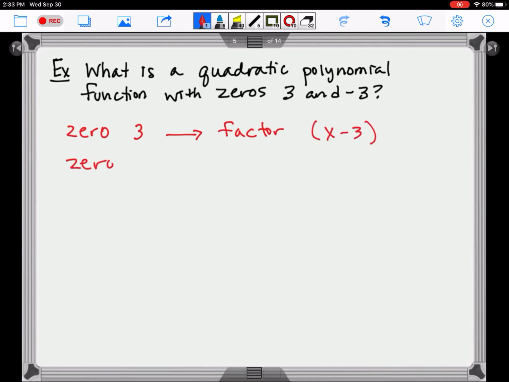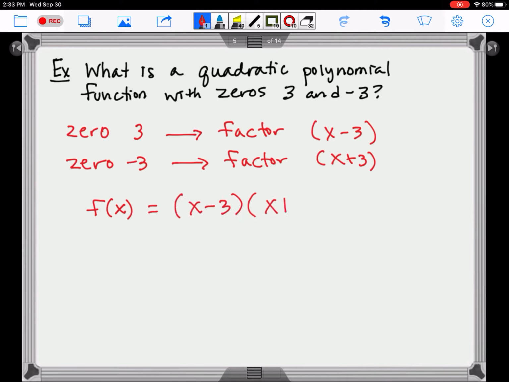If I have a zero of negative 3, that tells me the factor is x plus 3. So if I'm trying to write my quadratic polynomial function, see, a quadratic has a degree of 2, that means it would have 2 factors. Then I can say the function would equal x minus 3 times x plus 3. It's a product of its linear factors.